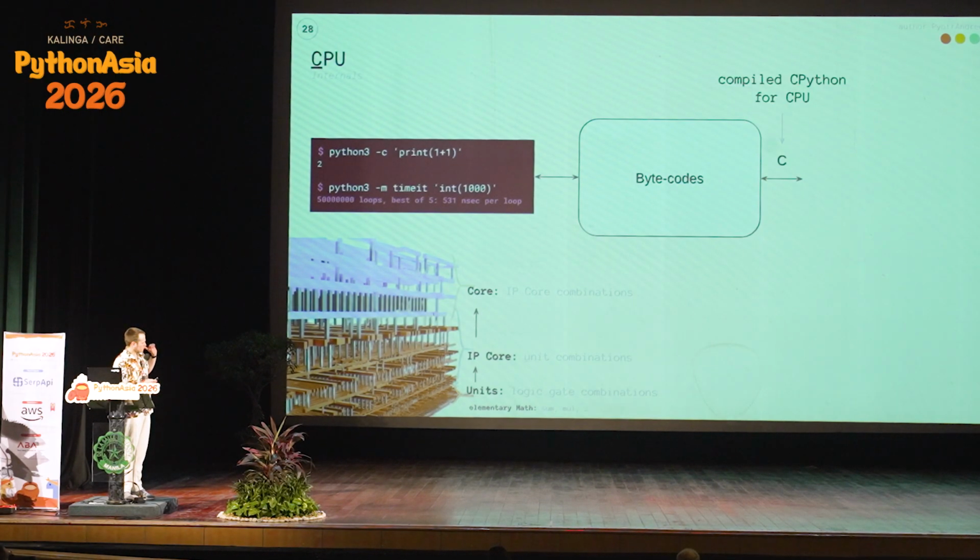It's around 250, depending on the implementation of CPython. And this is the intermediate representation that links your Python code with C code.